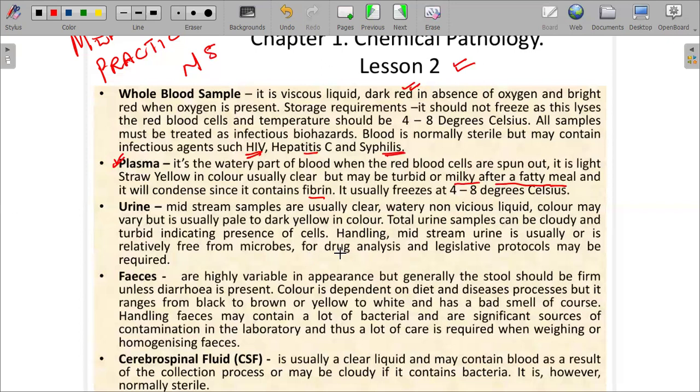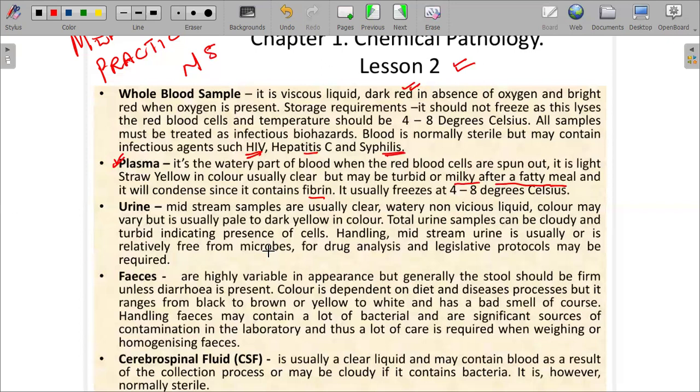Urine can also contain some dissolved salts and minerals, hence it can also be of that color. Handling: midstream urine is relatively free from microbes, it is known that it doesn't contain disease-causing organisms, and it can also be used for drug analysis, and legislative protocols may be required in regard to its handling.